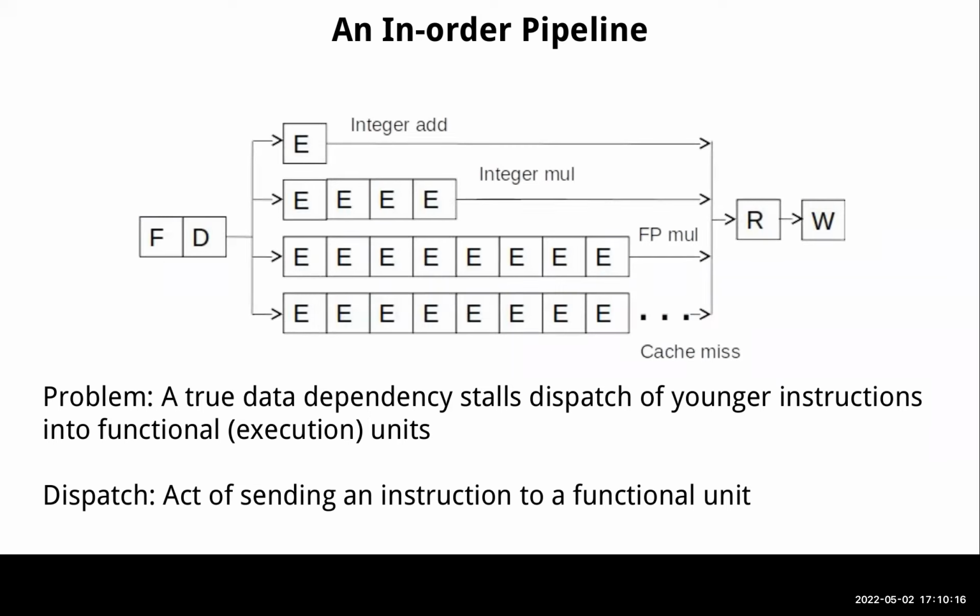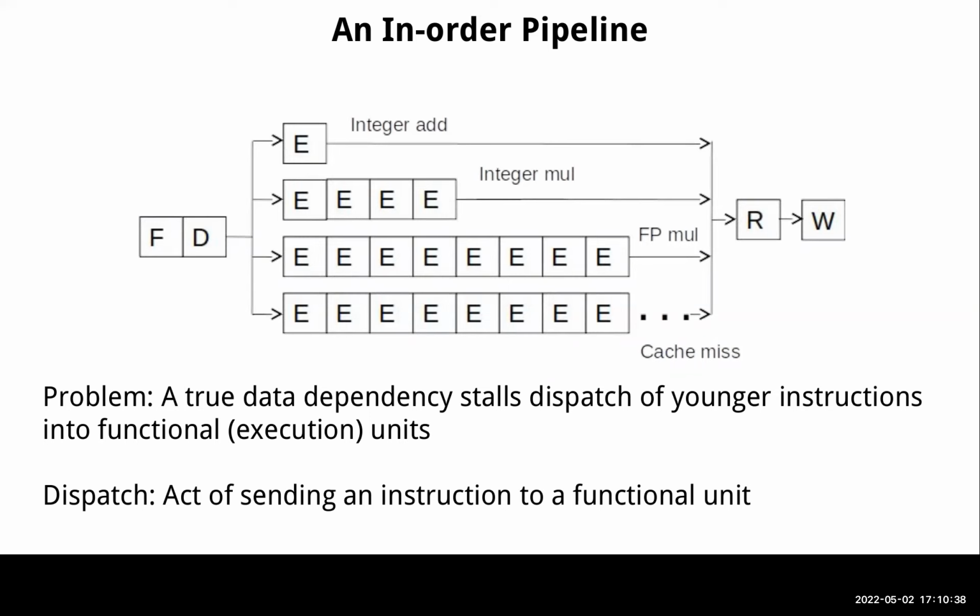Let's say we have a CPU with a five-stage pipeline: F, D, E, R, W. F is fetch: fetching the instruction from the main memory, because your instructions are stored there. The CPU has to retrieve that.